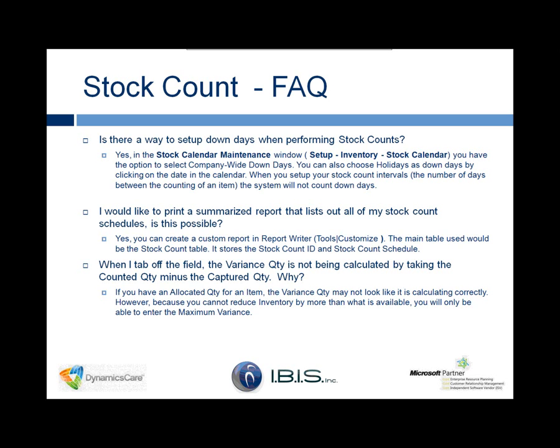Again, the system is taking a look at what you have for available quantity and will not allow you to drive it negative. So certainly, when you look at the process of creating the stock count, printing the forms, and coming back to enter the counted quantity, it certainly is a pretty straightforward process.